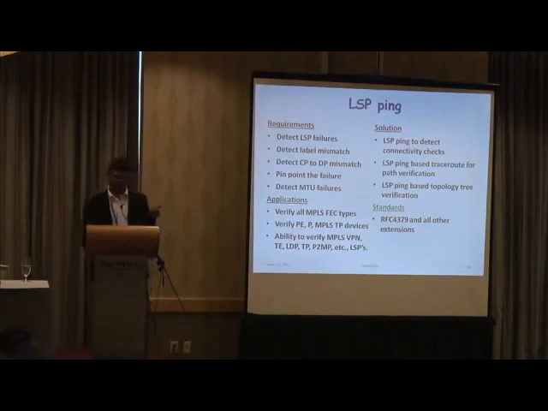So MTU is the transmittable size, whereas MRU actually tells you the payload size. So you could have 4 labels or 5 labels. MTU will only account for all of them, but on that LSP you could have 3 labels.